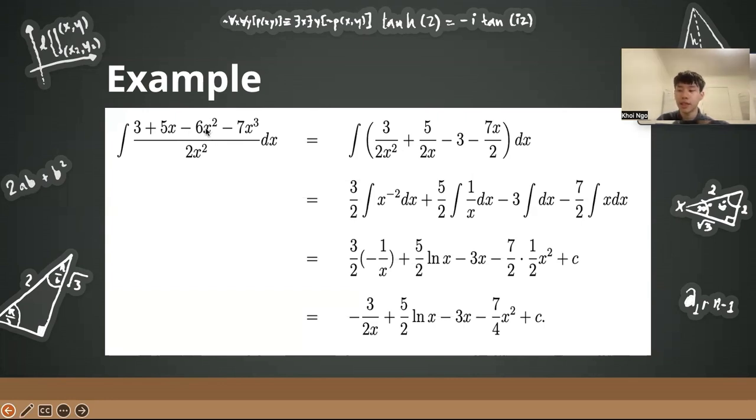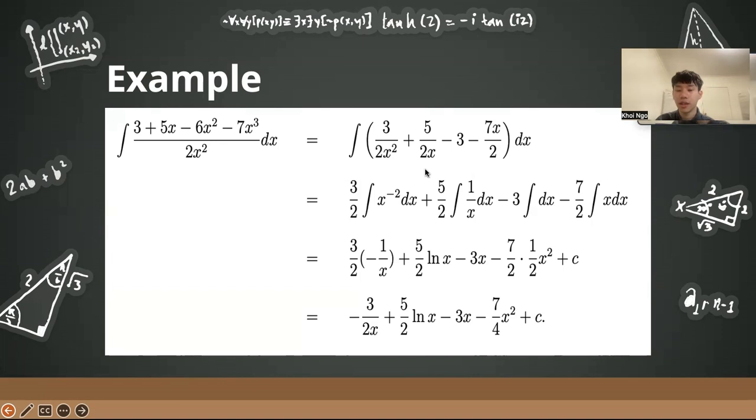And then minus 6x squared over 2x squared. X squared and x squared is cancelled out. Minus 6 over 2 would be minus 3. And then minus 7x cubed over 2x squared. X cubed and x squared would be x on the top, and 7 on 2, dx.